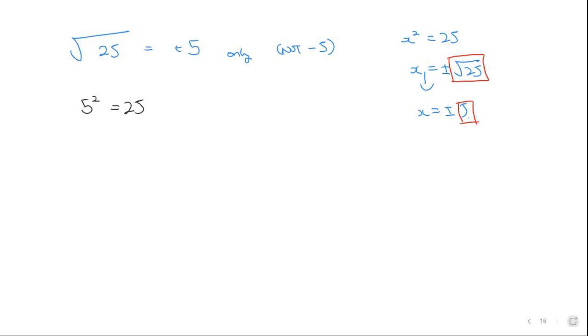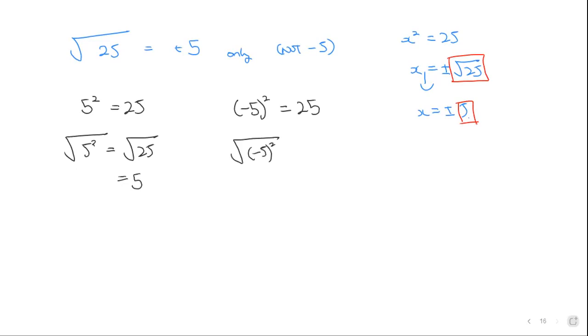And if I take the square root of 5 squared, that's the square root of 25, which is 5. As expected, you got what you started with. But if I start with negative 5 squared, we all understand that's still 25. But if I take the square root of negative 5 squared, that becomes the square root of 25, which is now positive 5. Importantly, it's not negative 5.